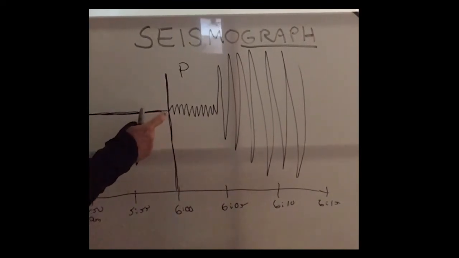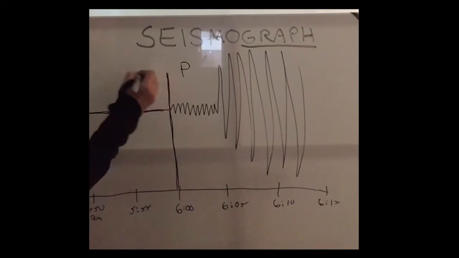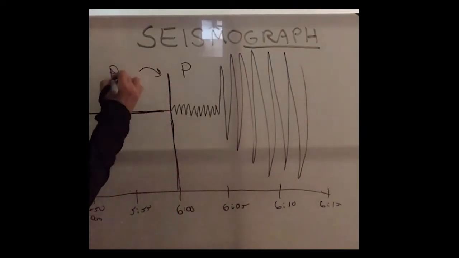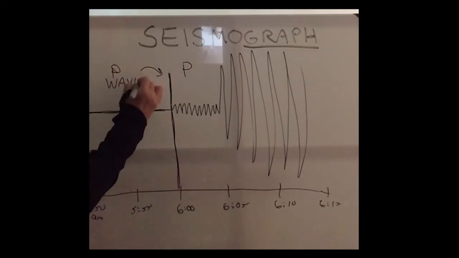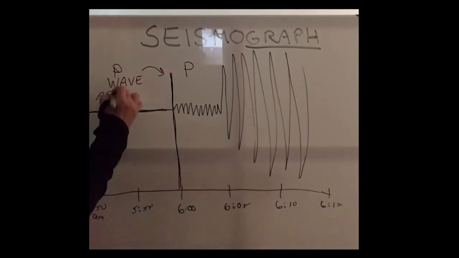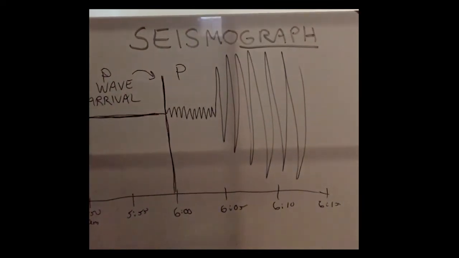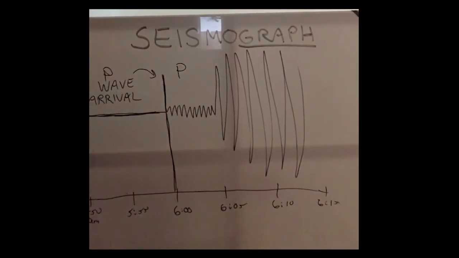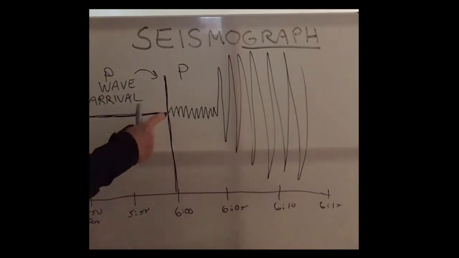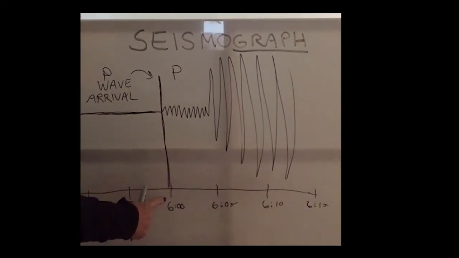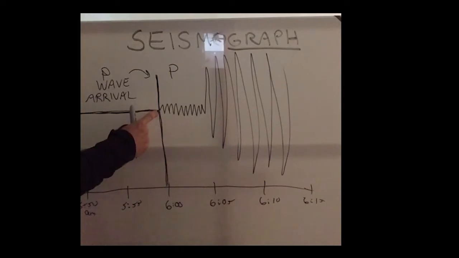So the P wave arrival is this line, right here. In other words, that is when this seismogram first detects these P waves, at 6 a.m. in the morning. So at 6 a.m. we're going to say P waves are detected. So these P waves are coming in.